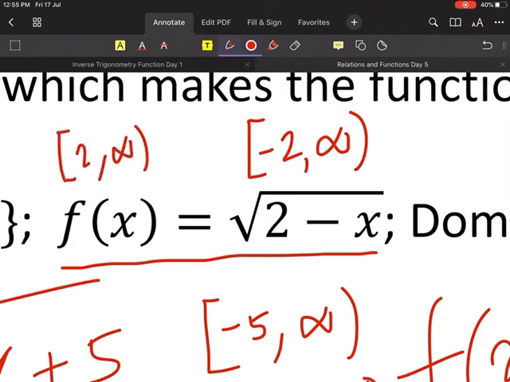Third bracket 2 comma infinity. Is that it, or does somebody have a different answer? Third bracket 2 comma minus infinity.